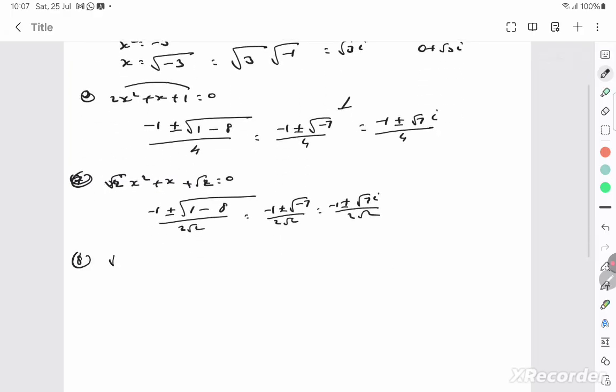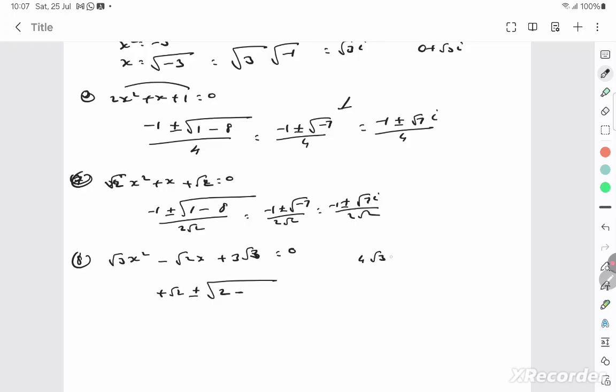I'll just give you a gist of this also. Root 3x square minus root 2x plus 3 root 3 is equal to 0. I would do these sums not by using splitting middle term. Conveniently I'll do minus b plus or minus root of b square minus 4ac.